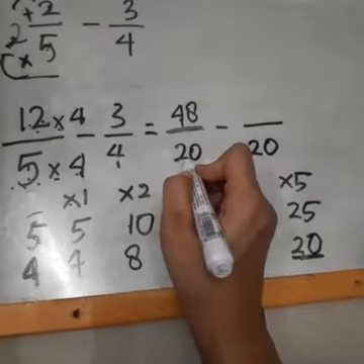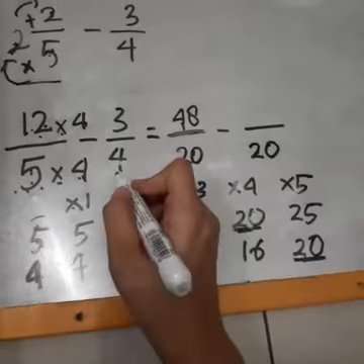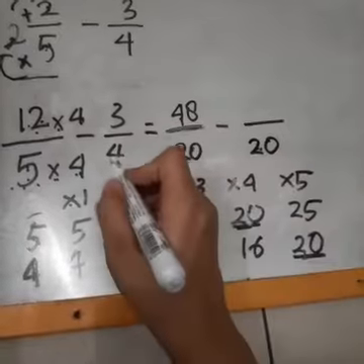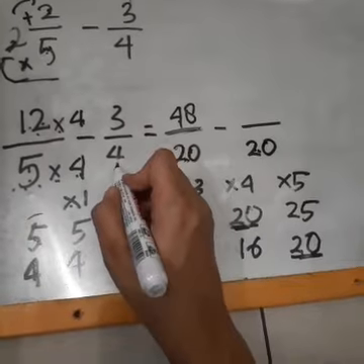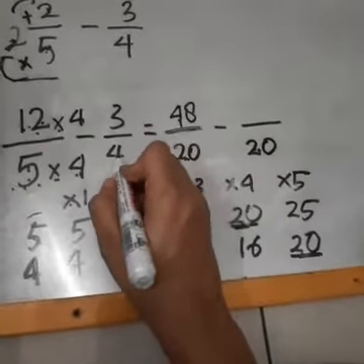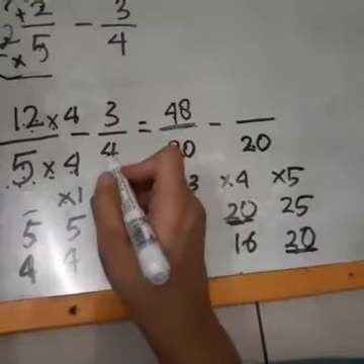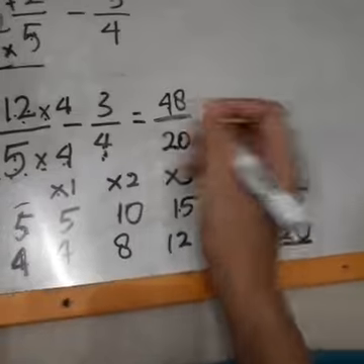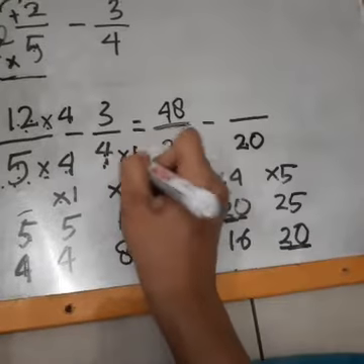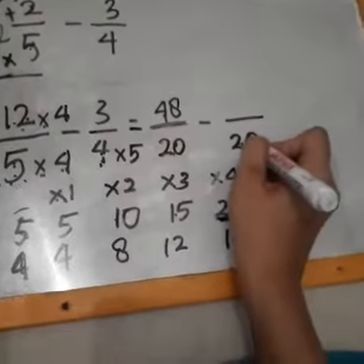So for the second fraction, 3/4, we have the denominator 4 and 20. 4 times what number is 20? 4 times 5 is 20.